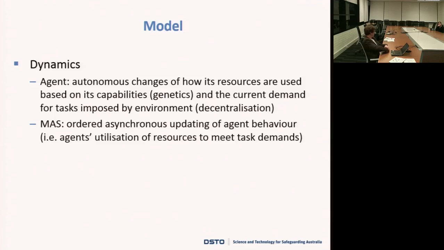And if it can fulfill it, it will perform it. And for the whole multi-agent system, we go through ordered asynchronous updating. What that means is we randomly pick a vehicle, then it fulfills the task that it can, then we move to the next vehicle and it looks at what is left over. So it's this kind of way of assigning agents to demands.